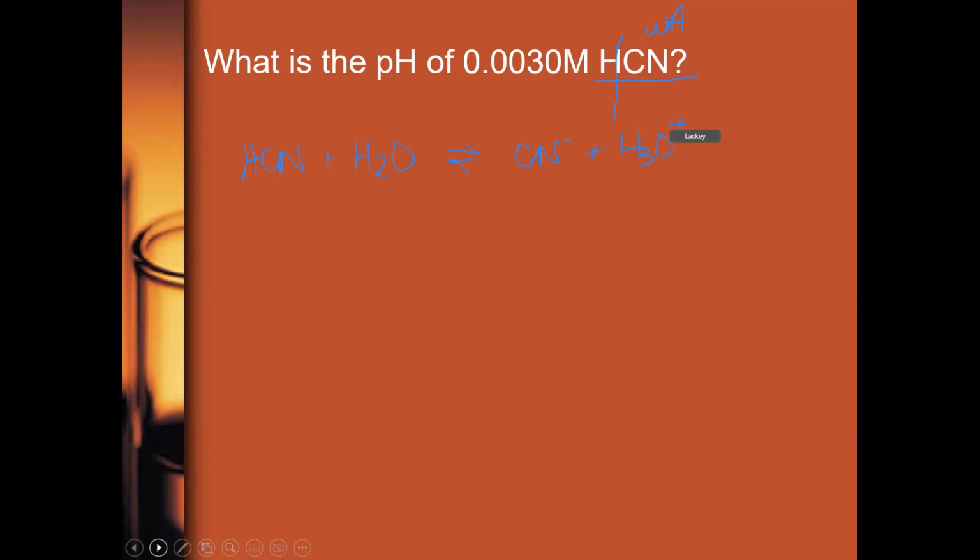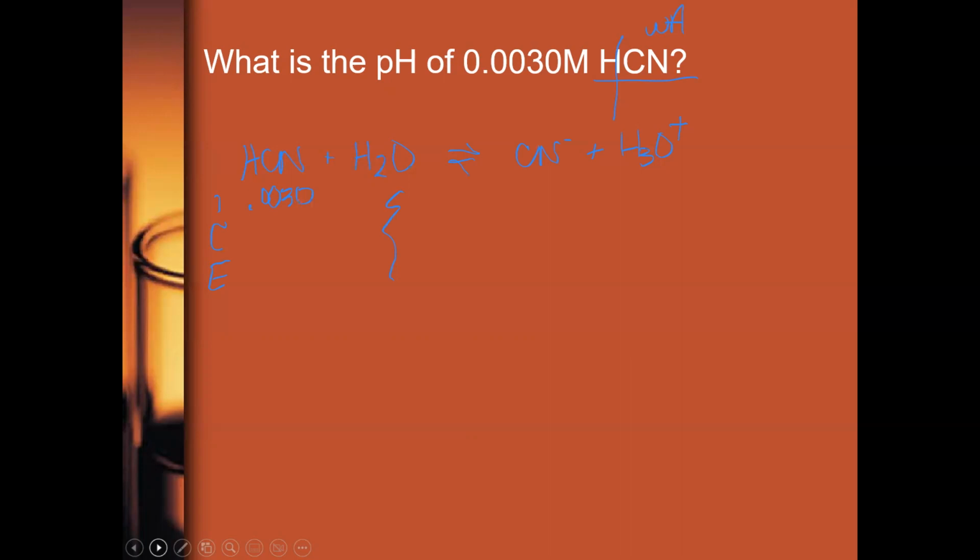With our ICE table, it tells us that this is 0.0030 molar hydrogen cyanide, or hydrocyanic acid. We have none of the ions initially. We know we have to increase by a factor of X on our product side and decrease by a factor of X on our reactant side.